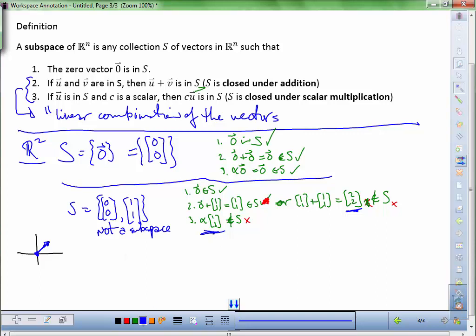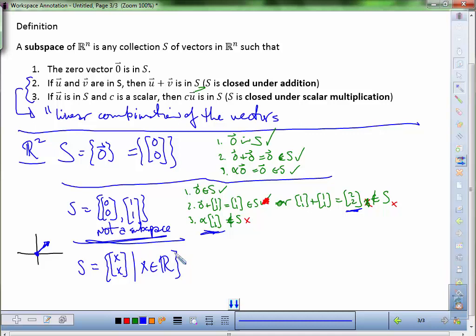So if I change my S into any vector x, x, where x can be any real number, then would that work as a subspace?